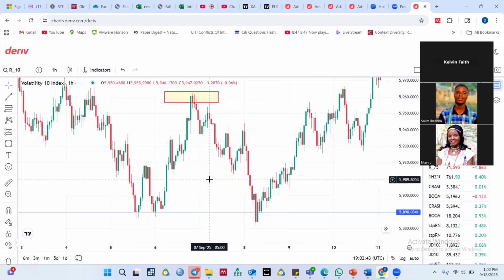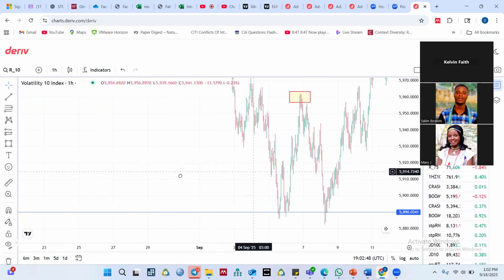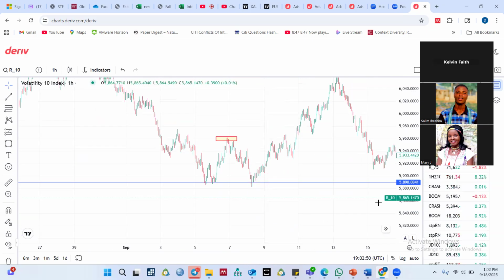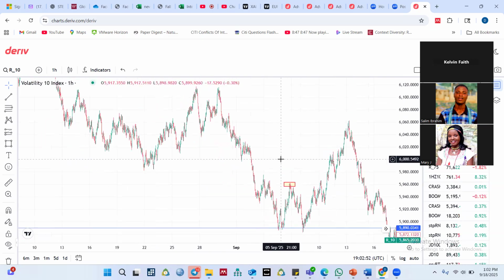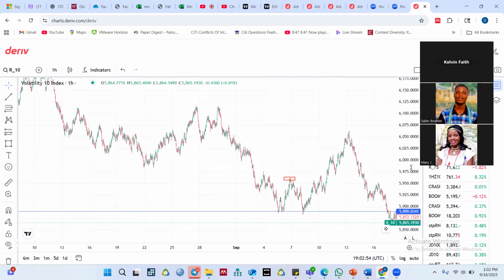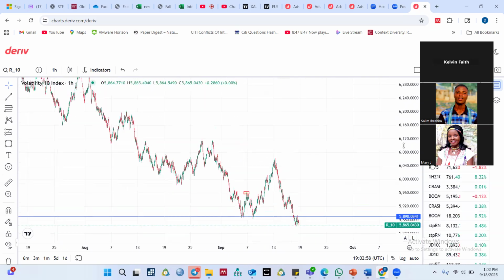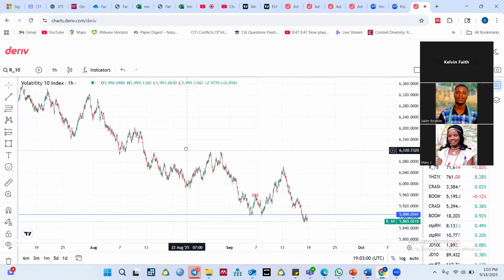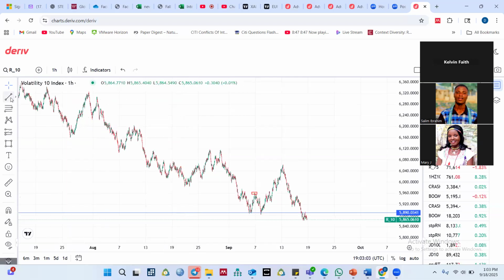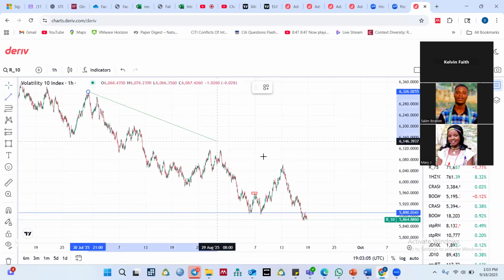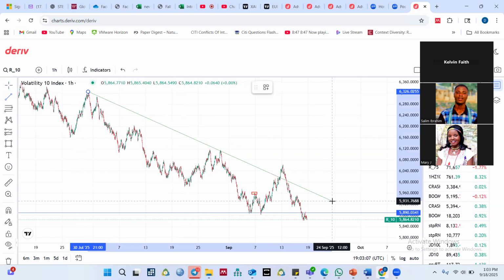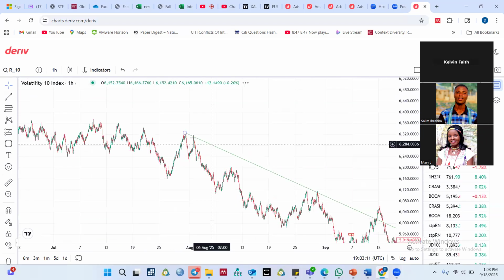Now, the first thing we have to understand is generally, what is the trend for this pair in the general sense? It's a downtrend, sir. So generally, this pair is a downtrend. Okay, so this pair is down from up here. Even if we don't go too far, we can see that this pair is a downtrend.